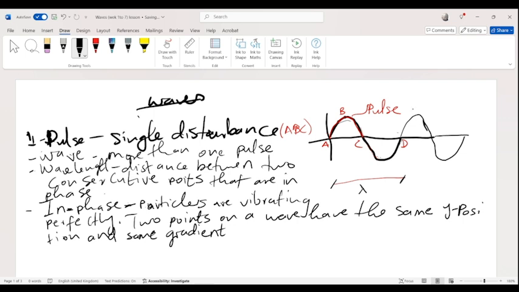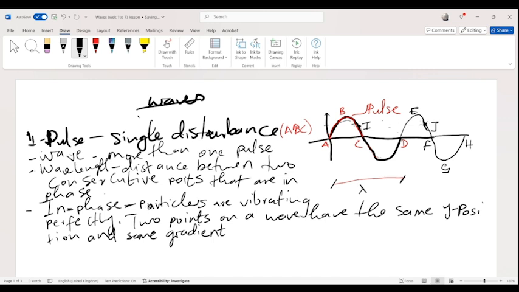Let me call these points E, F, G, H, and we also have point I and point J. If their y values are the same, if we are comparing I and J, do they have the same y values?